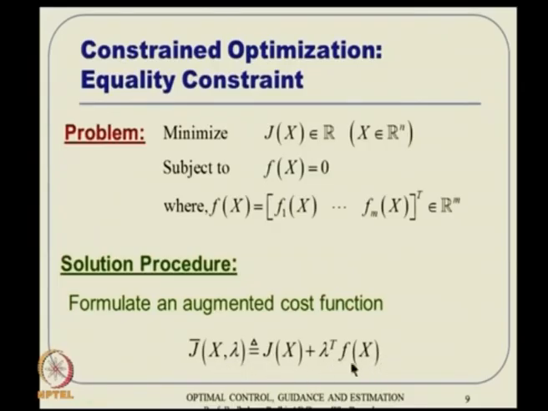This comes from the Lagrange existence theorem, which tells us that there exists a set of Lagrange variables lambda, of the same dimension as f, and if you construct an augmented cost function like this, it is equivalent to seeing the problem in n plus m dimensions. The dimension becomes more, but essentially J bar becomes a free optimization problem in the variables x and lambda together.